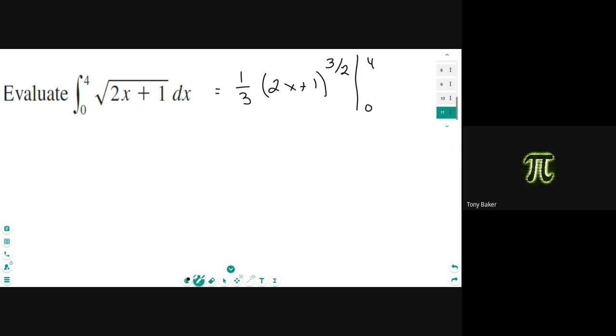But there's a 0 and a 4 there. So what kind of integral is this? Two types of integrals. One starts with a D. Yes. So this is a definite integral. So we have to plug in 4 and 0.